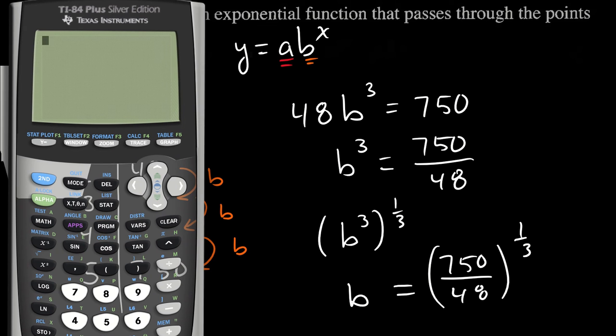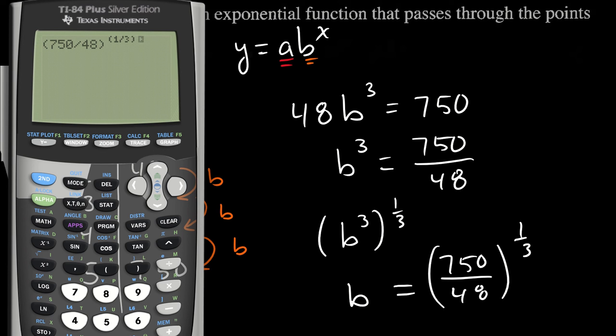So I'm just going to do open parenthesis, 750 divided by 48, and then close the parentheses, and then raise this to the power of, and then I'm just going to use parentheses for this fraction also. 1, not times 3, 1 divided by 3.